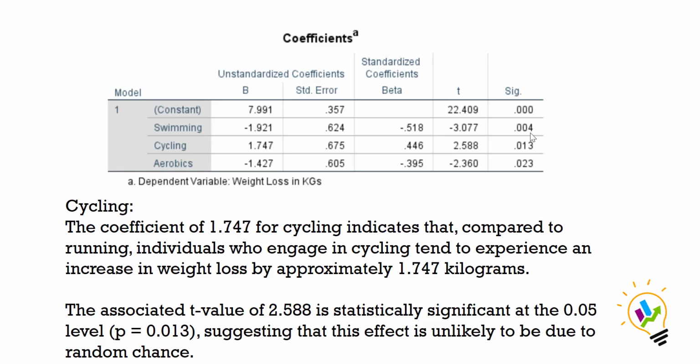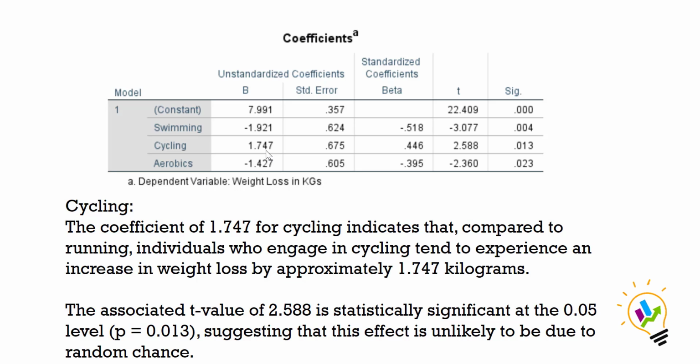Now let us see the coefficient for cycling. Cycling we got 1.747. So the coefficient of 1.747 for cycling indicates that compared to running, individuals who engage in cycling tend to experience an increase in weight loss by approximately 1.747 kilograms.